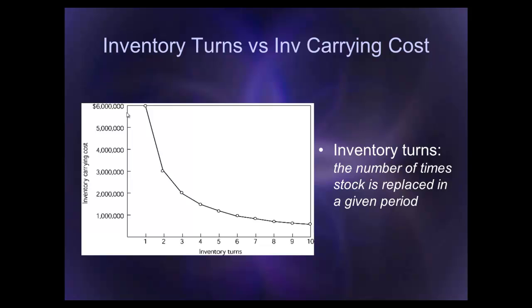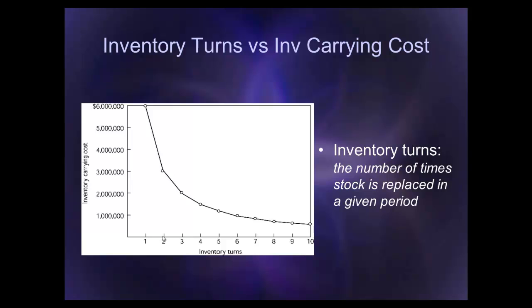On this axis we have the inventory carrying cost. This is the cost to store the goods. So in effect you could say it's the rent on the distribution centre. If we have one inventory turn a year, we need to have a massive warehouse that's going to cost us $6 million, because you've got to have a year's worth of stock sitting in the warehouse to then deliver to the retail store.